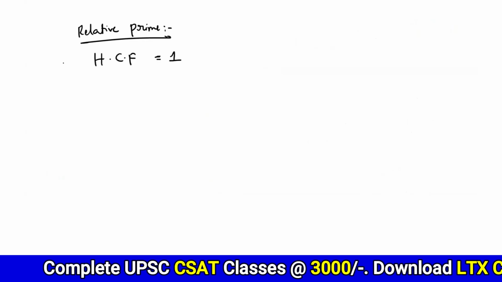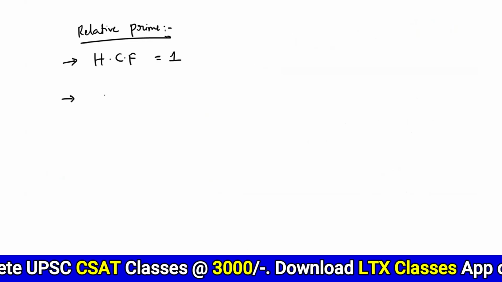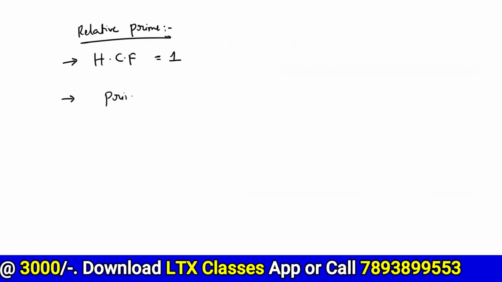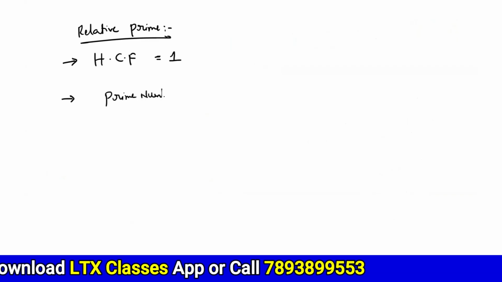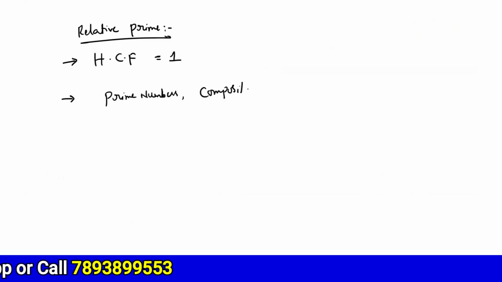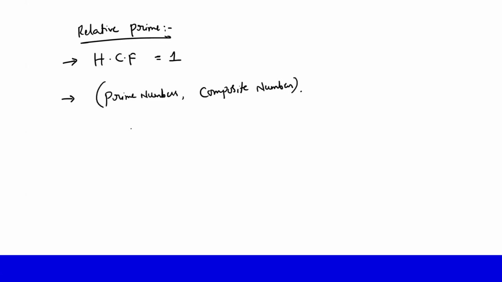It is not mandatory that the numbers must be prime numbers. The numbers can be prime numbers and composite numbers. See, the example is 4 and 9.